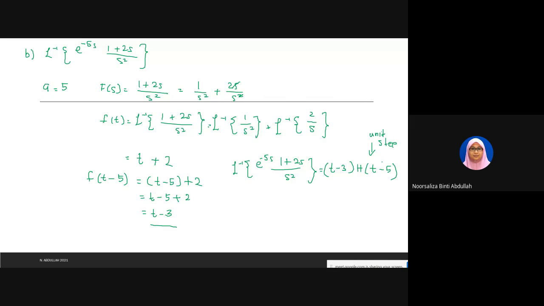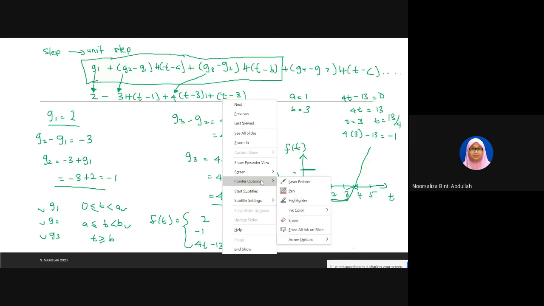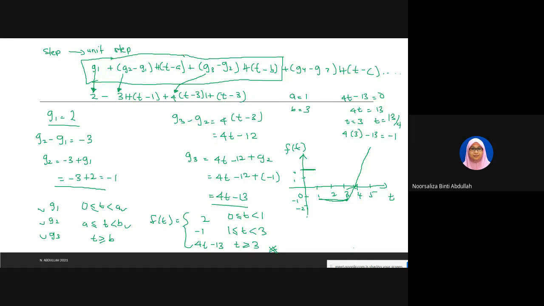Okay, this one your equations is up to this. Sampai sini je kan? So you have a G1 and G2.